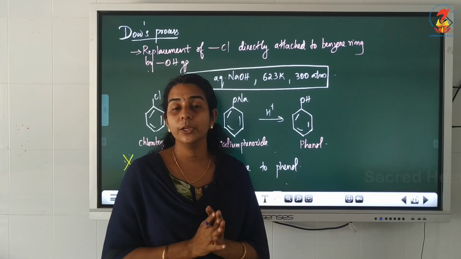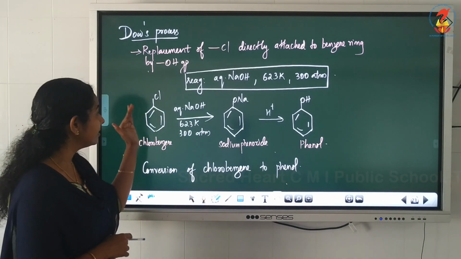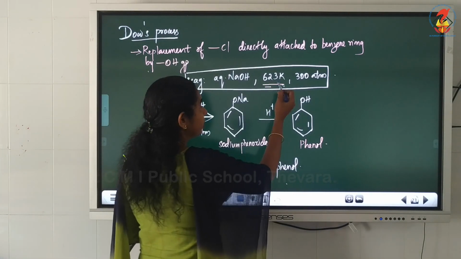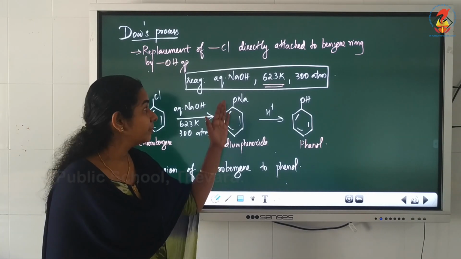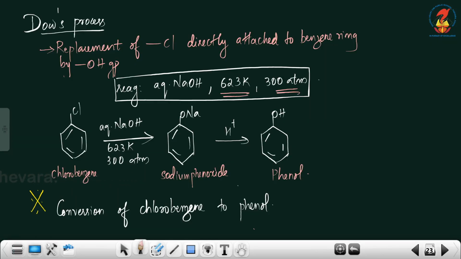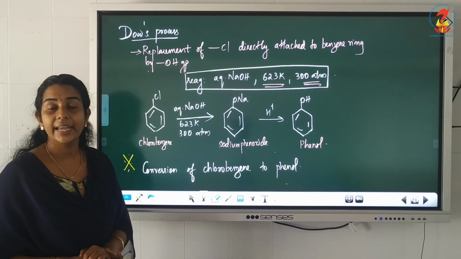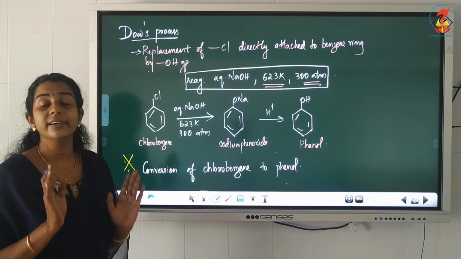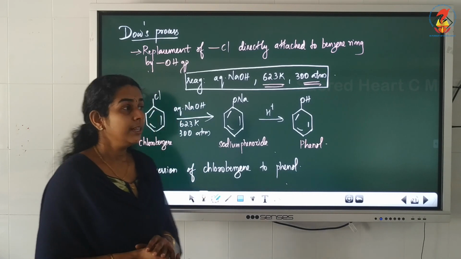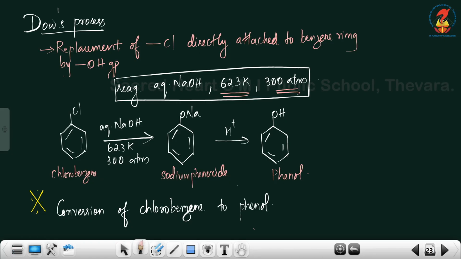But here, since the chlorine is directly attached to benzene ring, we have to apply extreme conditions, that is, along with aqueous NaOH, we have to heat to 623 Kelvin, and the pressure should be 300 atmospheric pressure. Only under this condition we can replace Cl by OH, otherwise it is very difficult. So first we will be getting, instead of OH, sodium phenoxide, ONa, because we are using NaOH, a base.